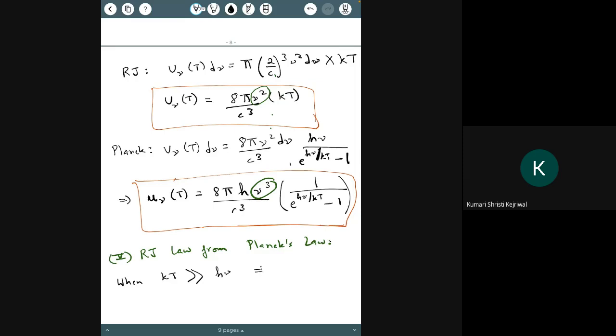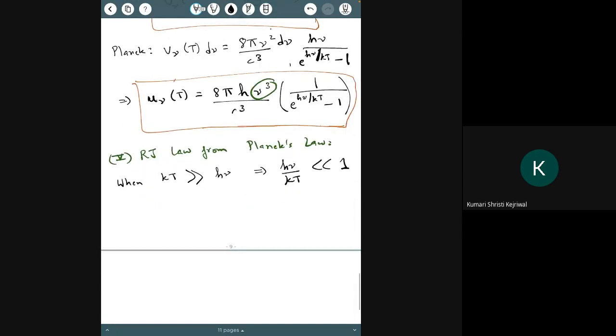Why is that? Mathematically, it is because then h nu by kT is very much less than 1. If h nu is very small compared to kT, then the numerator is very small compared to the denominator, and this fraction is very much less than 1.